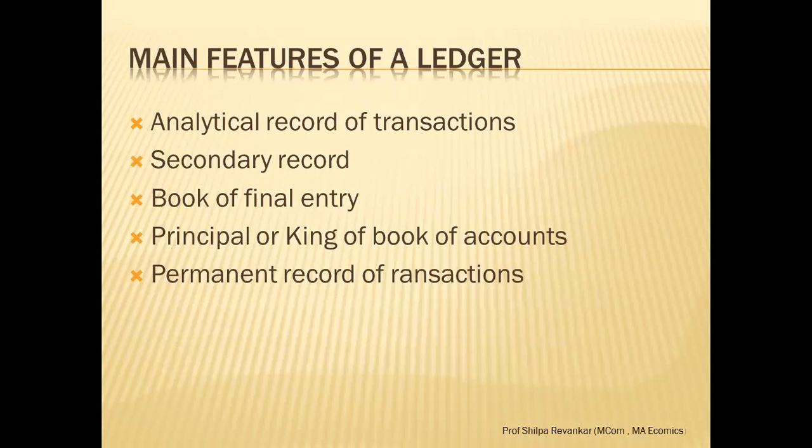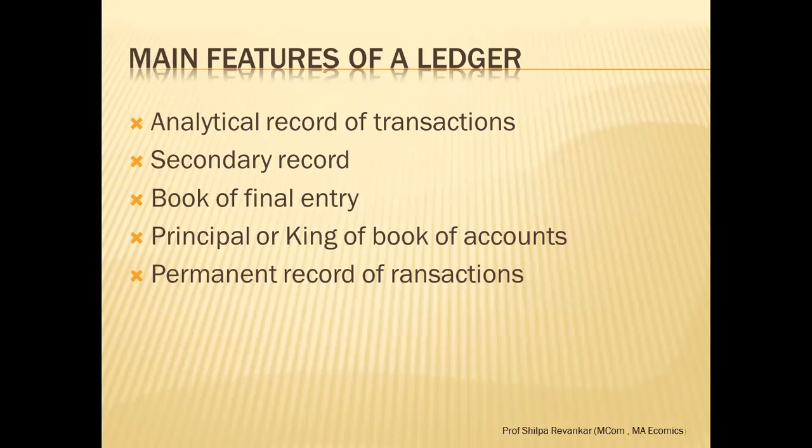And the main feature of ledger is that it is an analytical record of transactions. Analytical means we are analyzing what account is debited, what account is credited, and we are also writing a reference number, the date or page number of the journal where it has been recorded. Then it is a secondary record. Why?